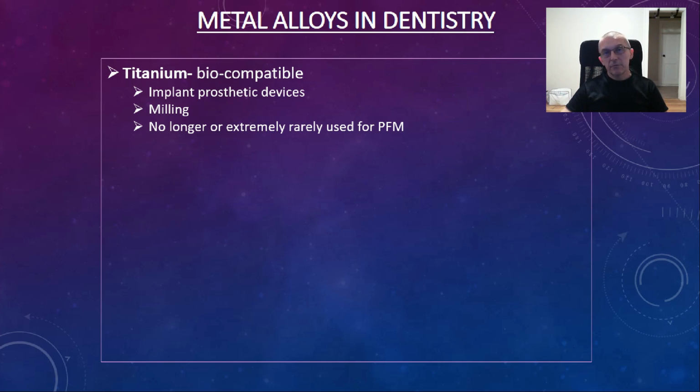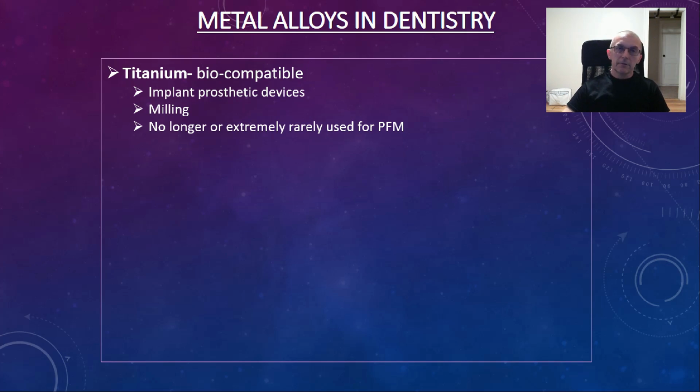Titanium is generally milled, it's not cast. So we would design the implant or restoration in a computer and then send it to the mill. We put a block of titanium into the mill. The mill will actually carve the block of titanium into the restoration or implant that you need.